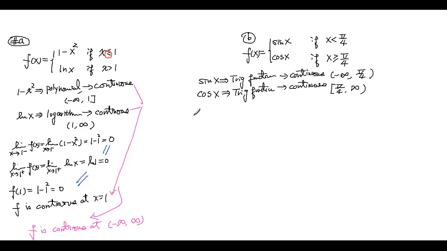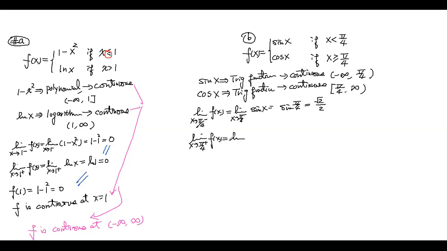So I say, okay, now the limit as x approaches pi over 4 from the left-hand side of f of x. Left-hand side is where? It's a sine, right? So it's this first function from the left-hand side. So it's sine x, so it's sine pi over 4. So from your unit circle, what is sine pi over 4? Square root of 2 over 2. Okay, now the limit as x approaches pi over 4 from the right-hand side of f of x.